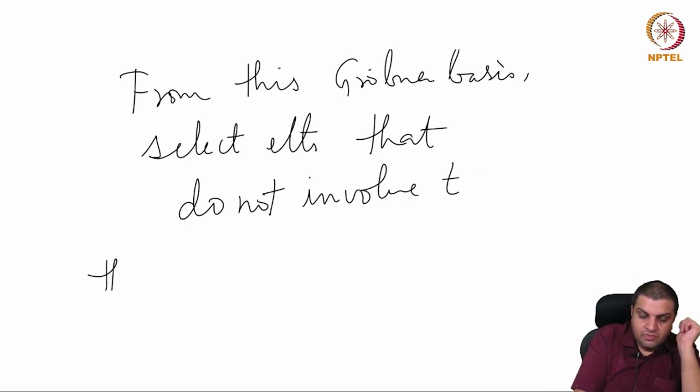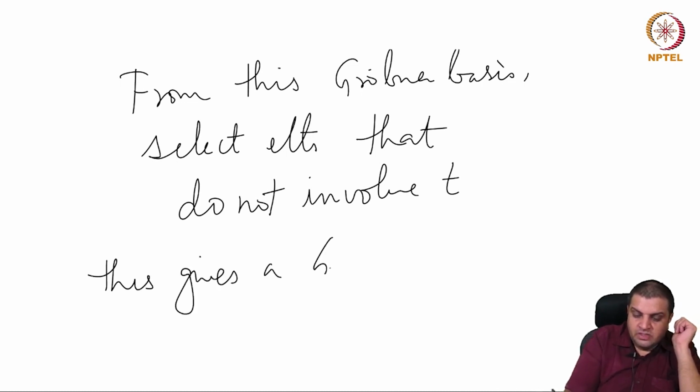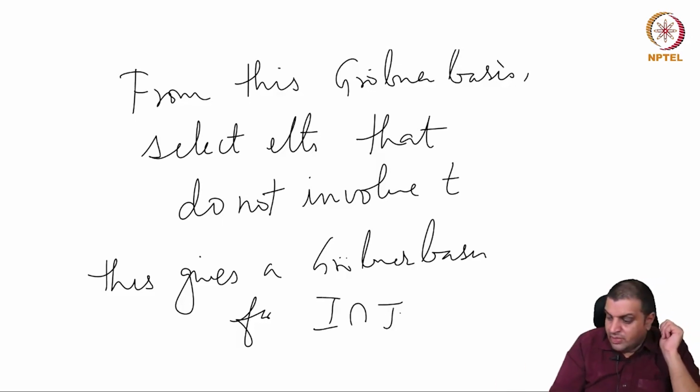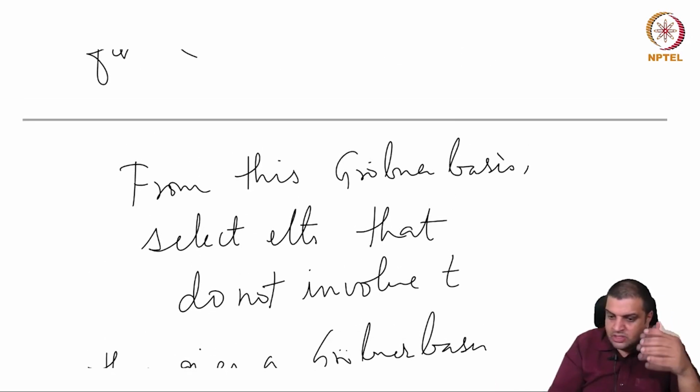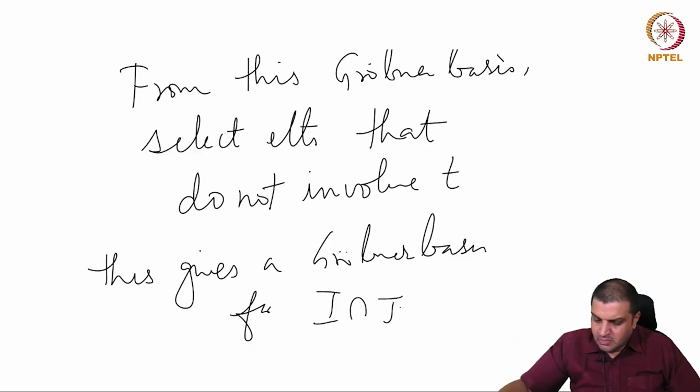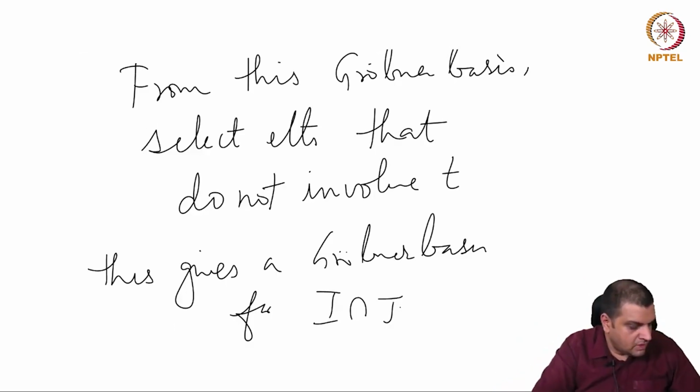And this gives a Gröbner basis for I intersect J. And then we can repeatedly do it for principal ideals, their intersections, etc., to now get intersections. Okay. So let's just do this, not the full thing, but in part in the previous example.